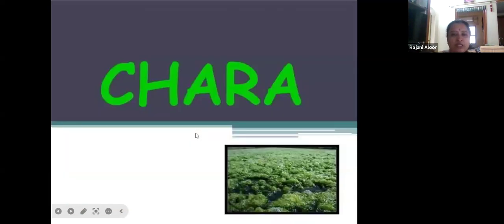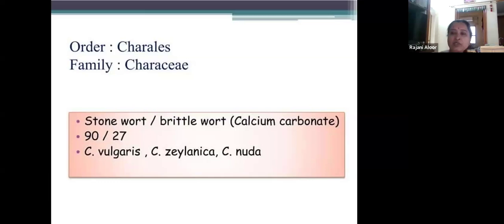See, before that, for CHARA the systematic position or classification is most important. CHARA is also a Chlorophyceae member. The order is Charales, the family name is Characeae, and the genus name is CHARA. After this, we will learn the systematic position, where CHARA occurs, what types of structures are there, what the cell structure is, what the reproduction is, and what type of life cycle is there.